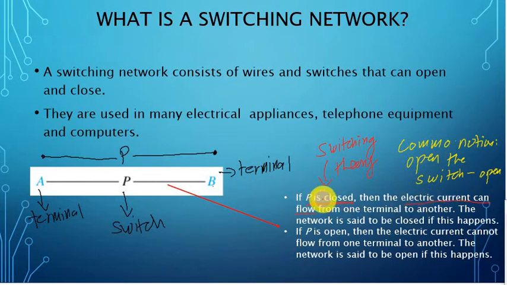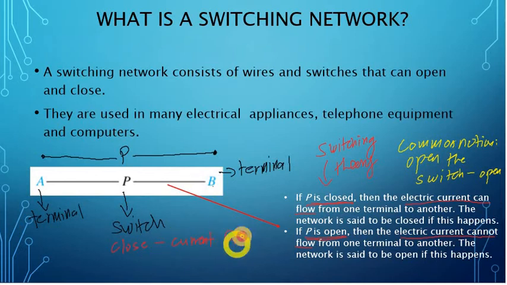Similarly, if P is open, then the electric current cannot flow from one terminal to another, and it is said that the network is open if this happens. So unlike the common notion, we shall follow what switching theory tells us, that if the switch is closed, that means current can flow.